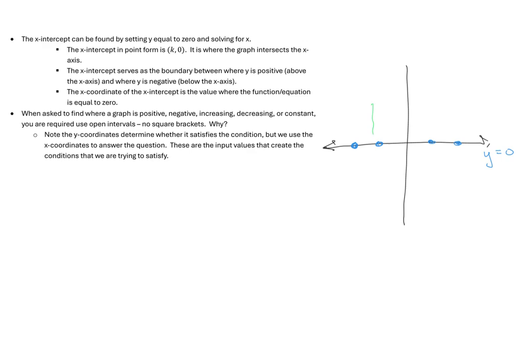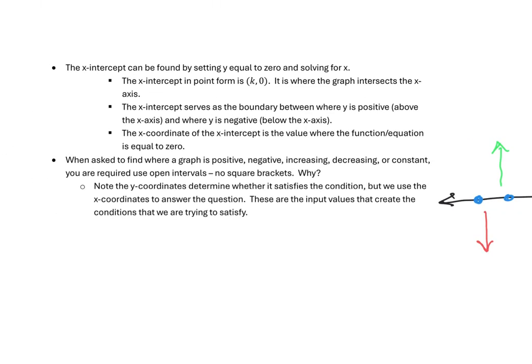If we are above the x-axis, then y is greater than 0, or y is positive. And if we are below the x-axis, then y is negative. And the boundary line is where y is 0, where it is neither positive nor negative. Okay, so we're going to play around with that in this section, and we're going to see it again later on.